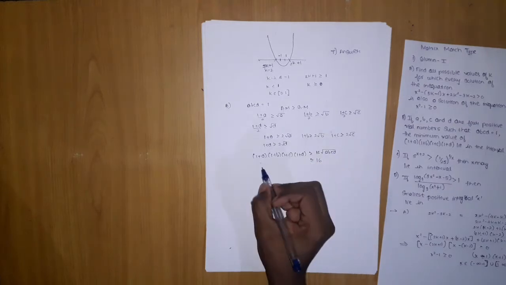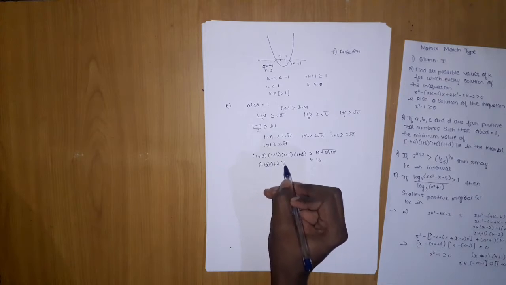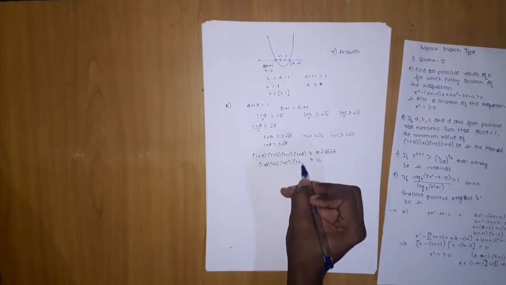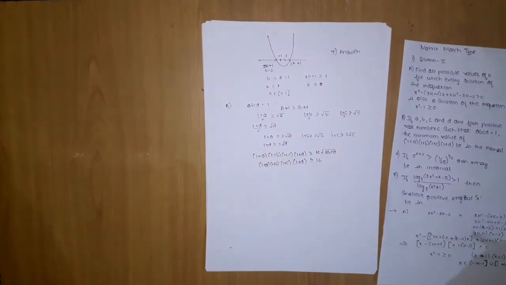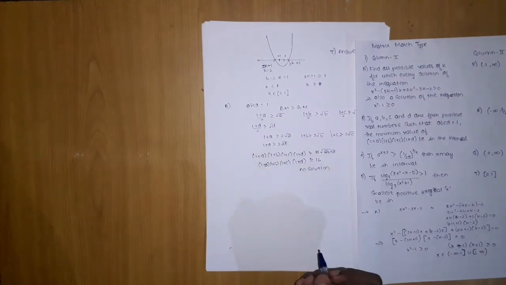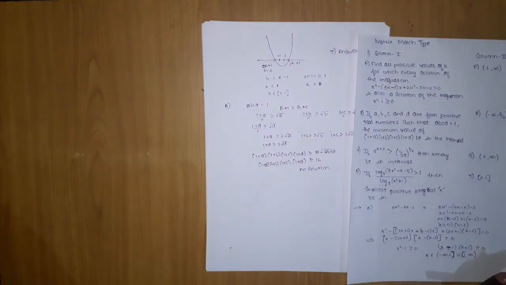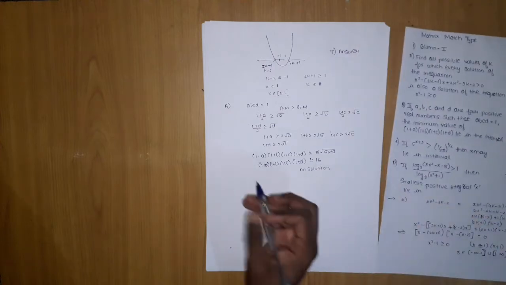So (1 plus a)(1 plus b)(1 plus c)(1 plus d) should be greater than or equal to 16, its minimum value is 16. Is there any option of 16? No. So no solution from here. Okay, let's move on further. 0 to infinity. Okay, no, not possible.